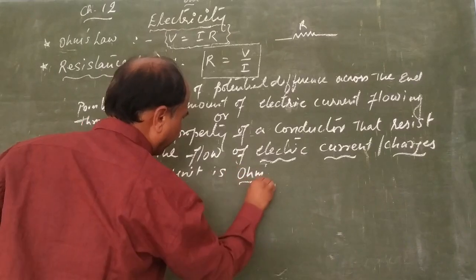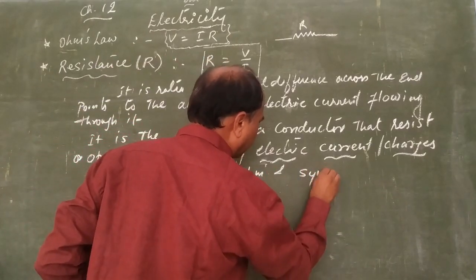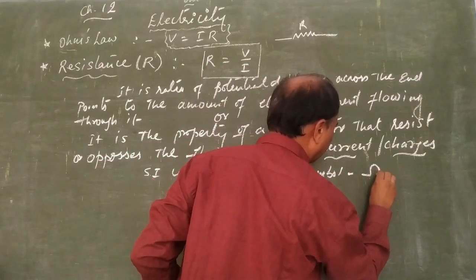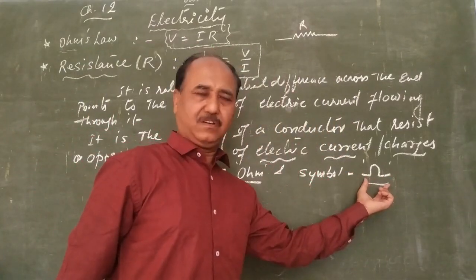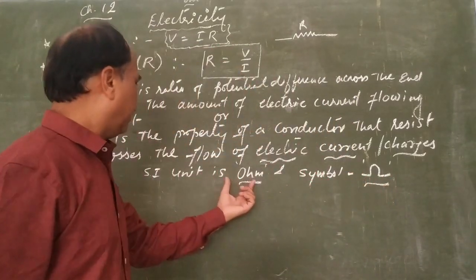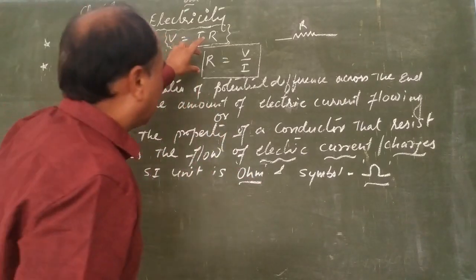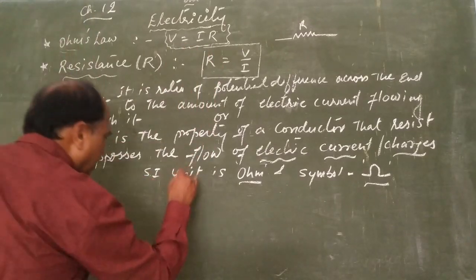ohm, and it is abbreviated by a symbol, and the symbol used here is this. This is the symbol of a resistor, and its SI unit is ohm. Now, what is R? R is the resistance.